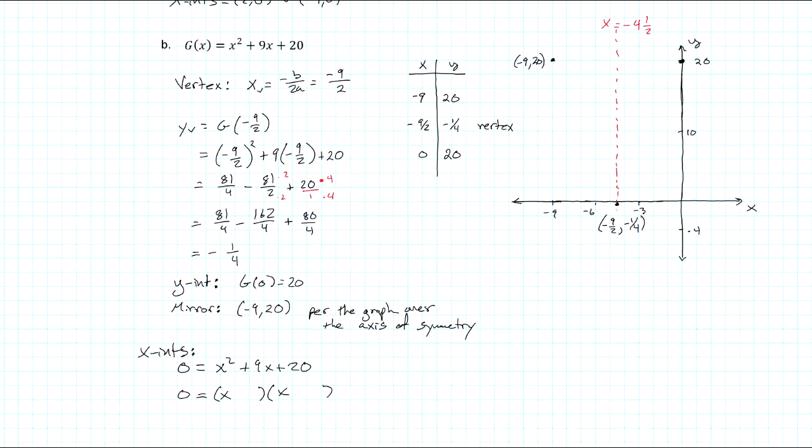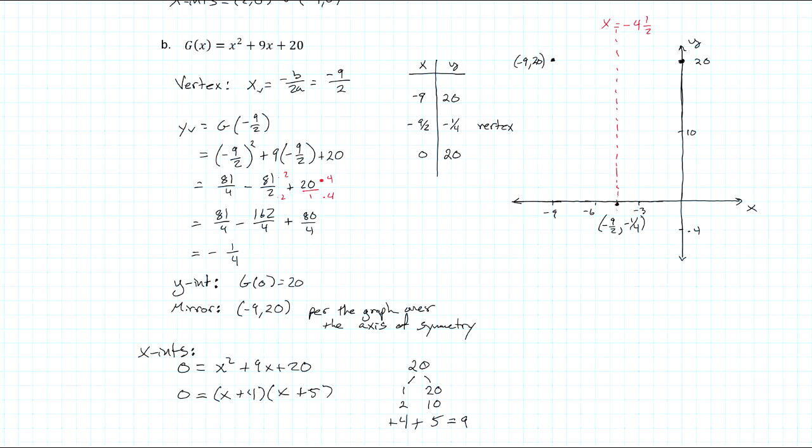I want two numbers that multiply to be 20 and add to be 9. We have 1 and 20, 2 and 10. That doesn't seem to work. 3 doesn't go in. 4 and 5 multiply to be 20, and those also add to be 9. There we go. We want a plus 4 and a plus 5.